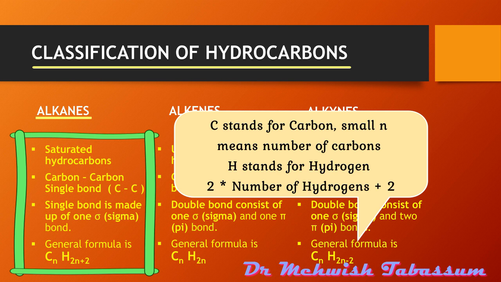So all in all, this general formula is representing: C stands for carbon, H stands for hydrogen, n stands for numbers. It could be 5 for pentane, 6 for hexane, 7 for heptane, 8 for octane, and so on.